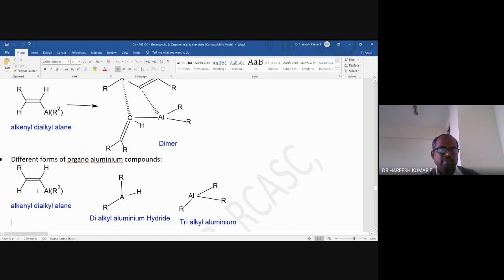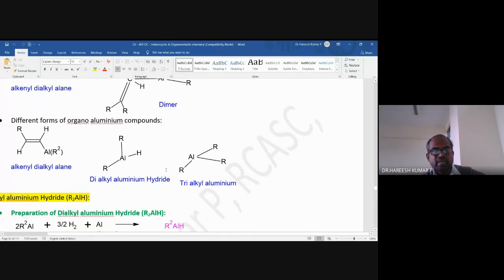This is one type of organoaluminum, this is another type, and this is one more type. The name of this compound is trialkyl alane. So trialkyl alane, dialkyl aluminum hydride, and alkynyl dialkyl alane are the different types of organoaluminum compounds. With this, I will go to the next slide.